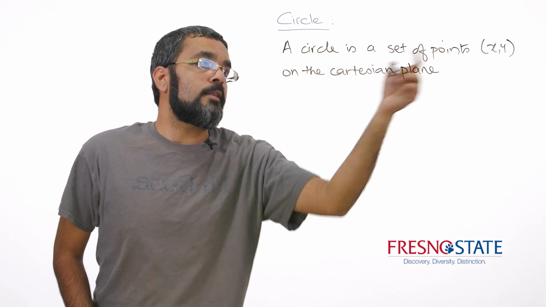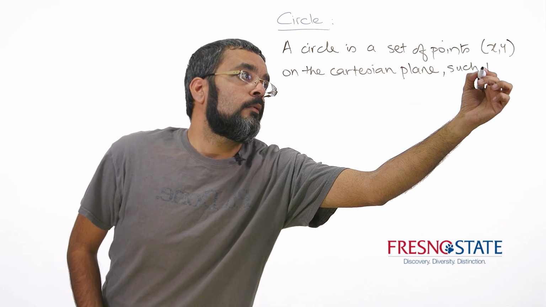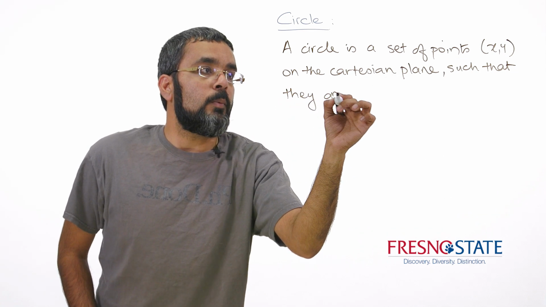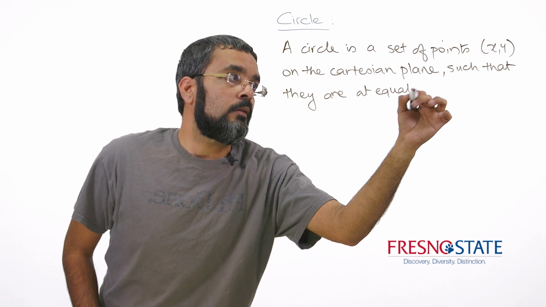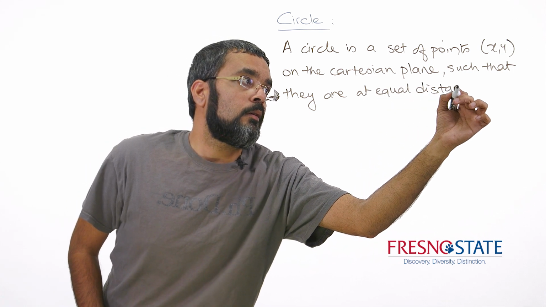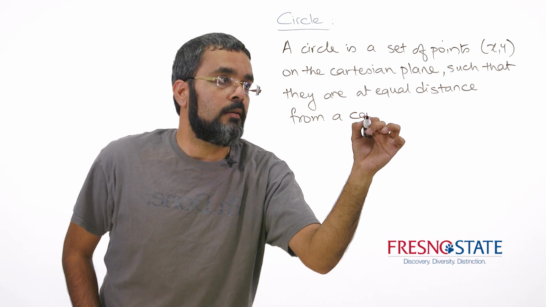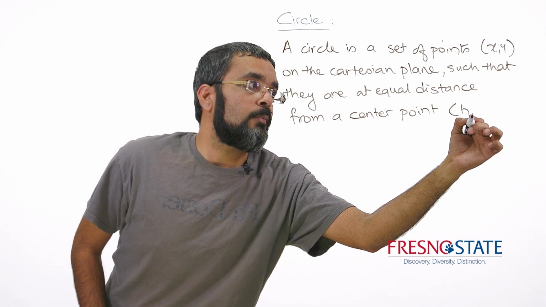So a circle is a set of points xy on the Cartesian plane such that they are equidistant, or they are at equal distance from a center point. We'll call this center point HK.